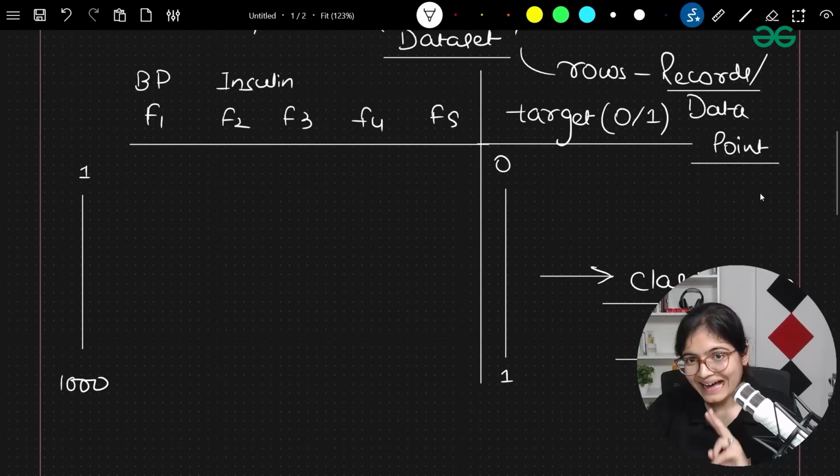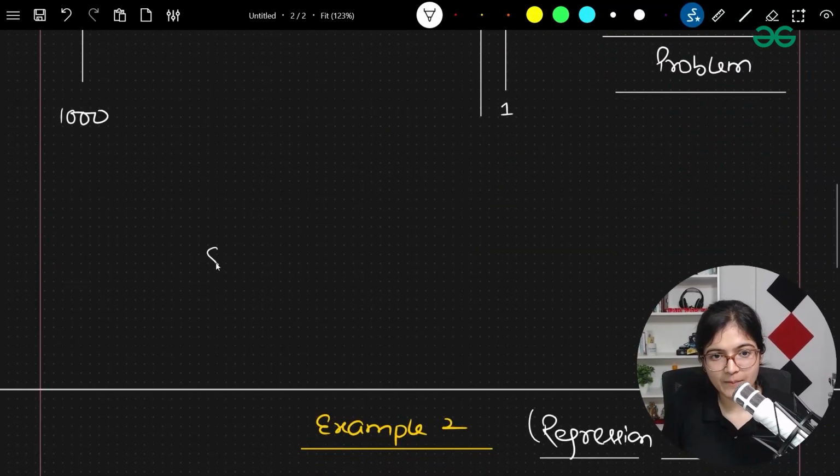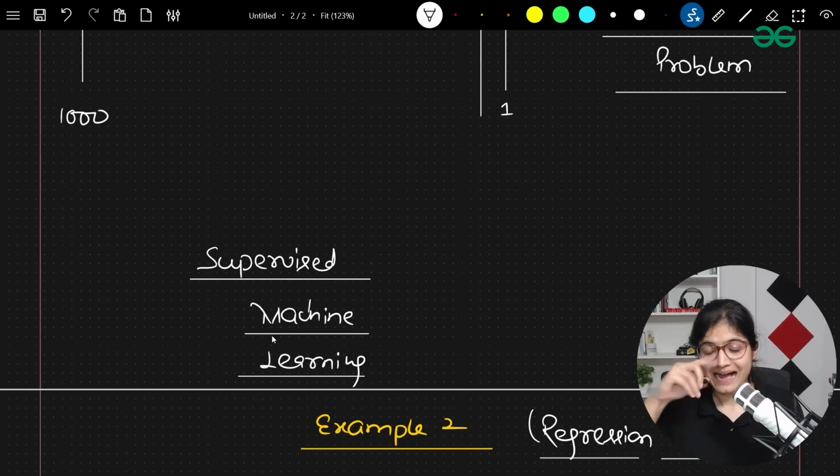So what I have just explained is what supervised machine learning is: wherever in a given data set a target value or target column is given to you, that is something we call supervised machine learning. And we have categorized supervised machine learning into two components.